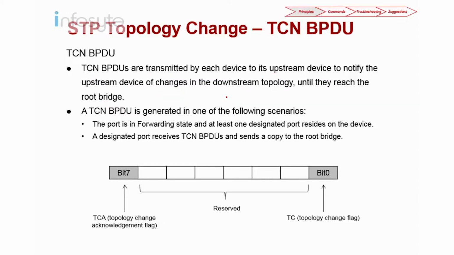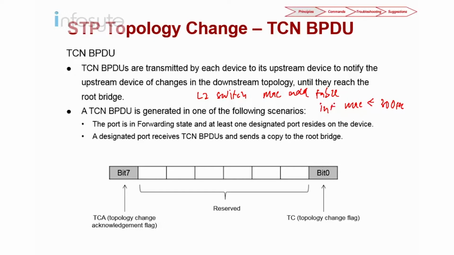But why do we need to be aware that there is a topology change? The reason is that in our L2 switch, we have the MAC address table. The MAC address table contains the mapping of the interface with the MAC address, and typically the aging time for this is about 300 seconds.